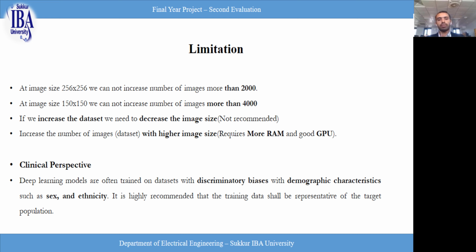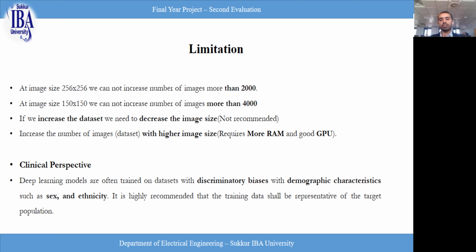Let's talk about the limitations. The limitation is that we don't have the resources to train our model with a larger data set. If we keep this image size, we don't have resources to increase the number of training images beyond 2000, and if we keep the image size 150 by 150, we cannot increase the number of images beyond 4000.